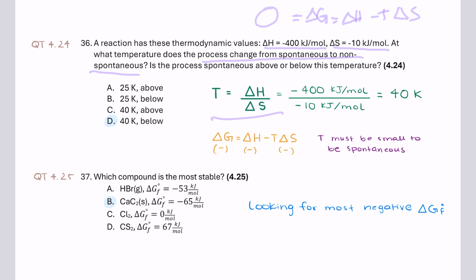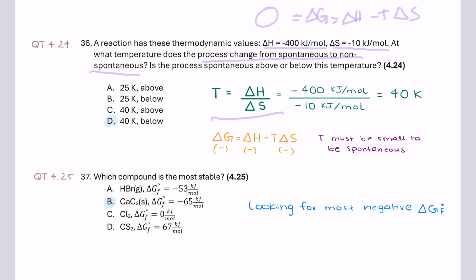Temperature equals delta H divided by delta S. Now we can plug in the values. The enthalpy change is negative 400 kilojoules per mole, and the entropy change is negative 10 kilojoules per mole per Kelvin. So we get that T is equal to 40 Kelvin. That tells us that the reaction becomes non-spontaneous at 40 Kelvin.